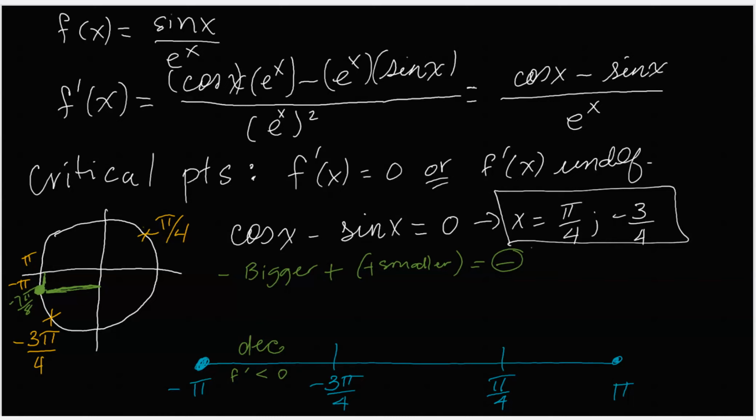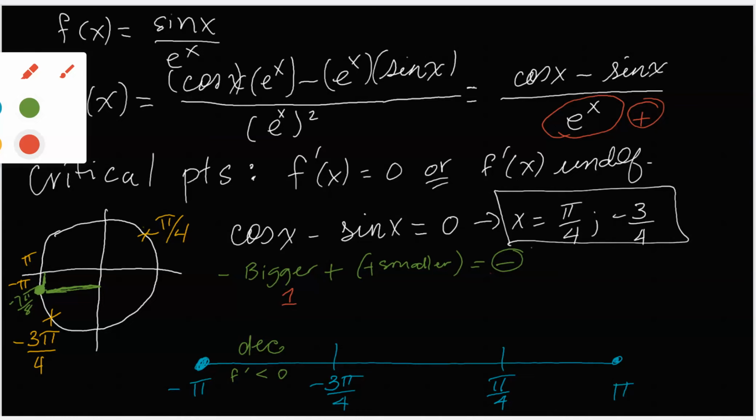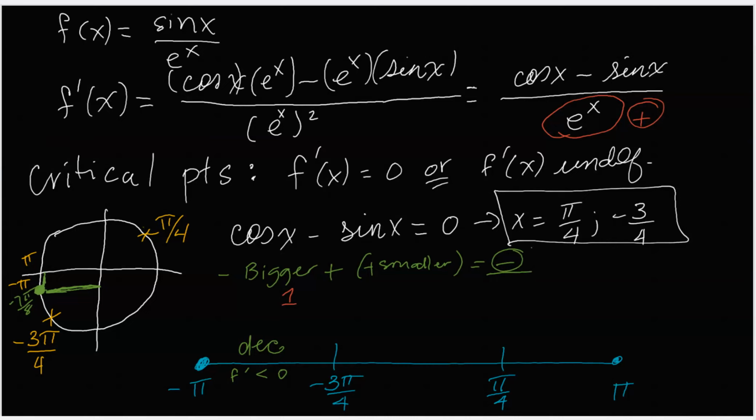So when x is 0, cosine of 0 is 1. And oh, I didn't pay attention to the denominator because I know the denominator will always be a positive number. So a negative right here, what I should have said was a negative divided by a positive, which is a negative, okay?